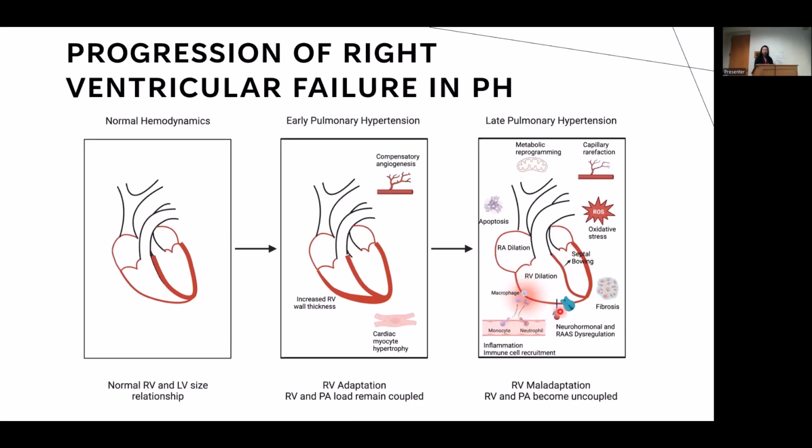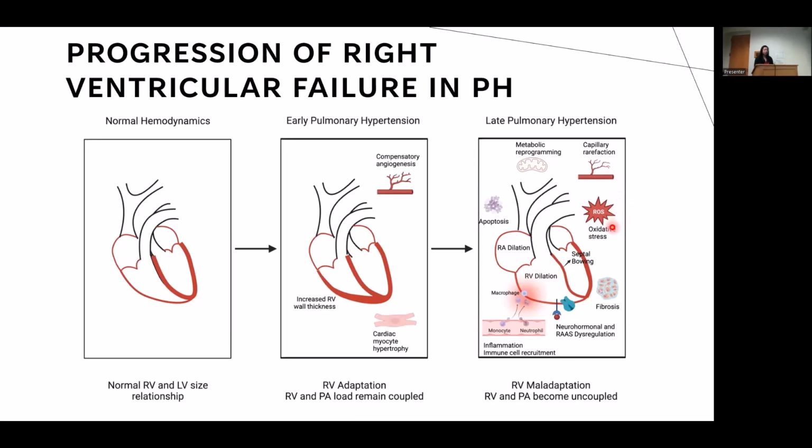And on a molecular and hormonal level, there are a number of changes that we know are going on in the failing, maladaptive right ventricle. So there's apoptosis of cells, there's metabolic reprogramming, there is capillary rarefaction, where there are not enough capillaries, potentially developing substrate or delivering substrate to the hypertrophied right ventricle.